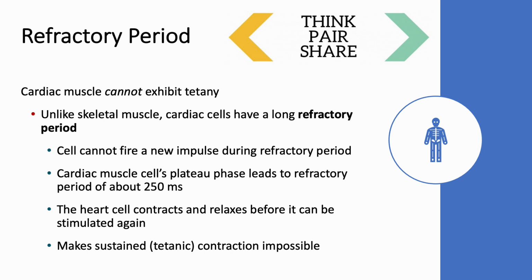So this allows the heart cells to contract and relax before it can be stimulated again. If you had tetany within the heart, you would not be pumping blood, the brain would not get oxygen, and you would die. Okay? So this absolute refractory period makes sustained or tetanic contraction impossible, which is necessary for us to continually pump blood throughout the body.